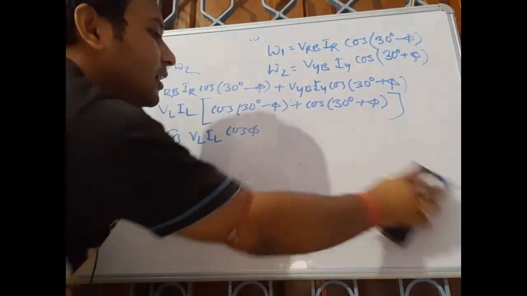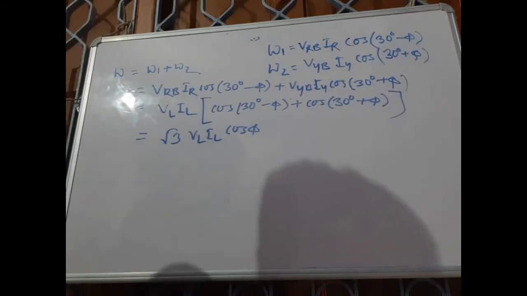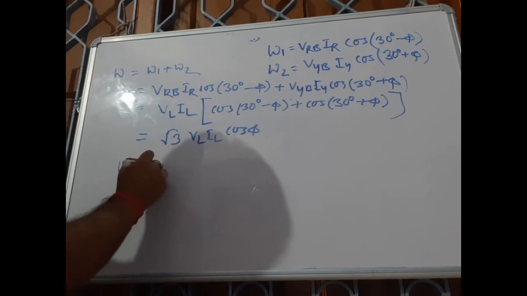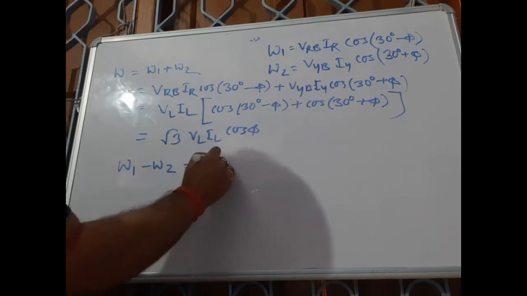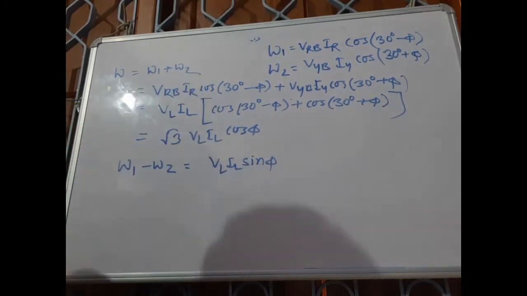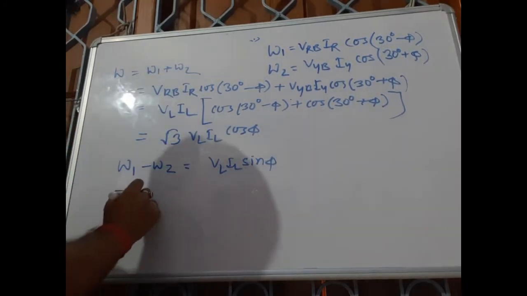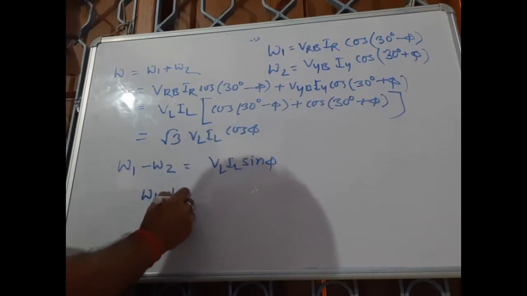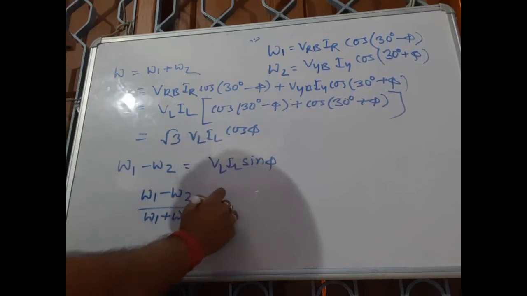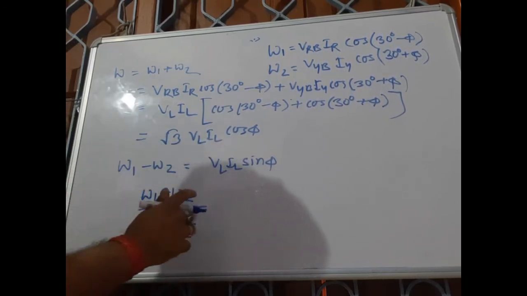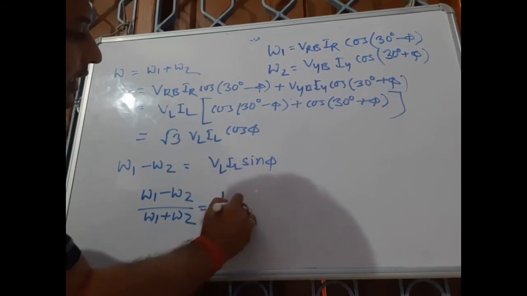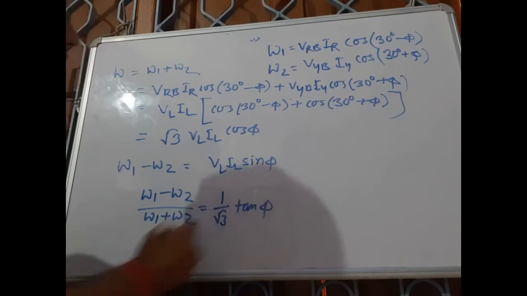Now I have done W1 plus W2, and if I do W1 minus W2, we will get VL IL sin phi. Okay. Now what will be W1 minus W2 divided by W1 plus W2? That is equal to 1 by root 3 tan phi, right?